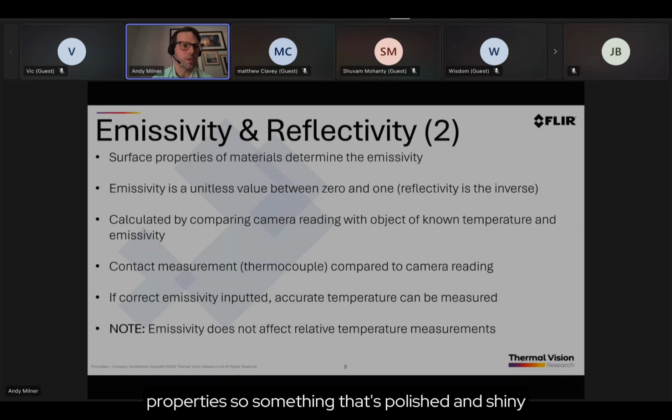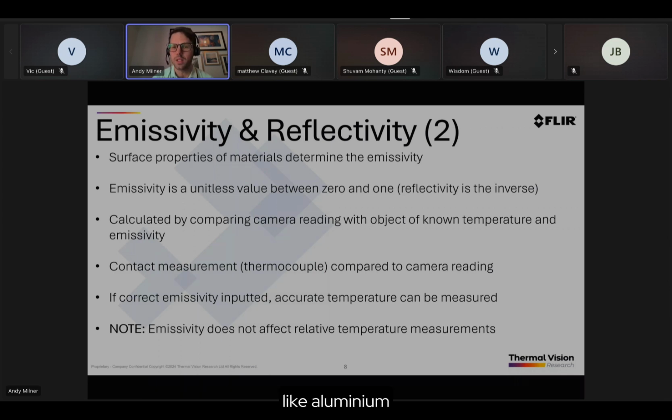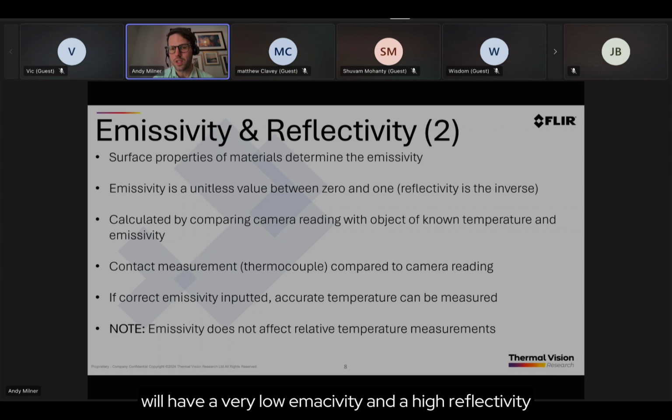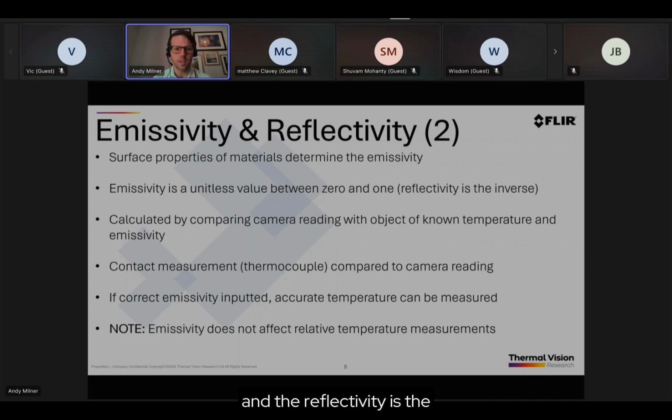Something that's polished and shiny, like aluminium, will have a very low emissivity and a high reflectivity, whereas something with a matte finish, like human skin or wood, will have quite a high emissivity. Again, it's unitless between 0 and 1, and the reflectivity is the inverse of that.